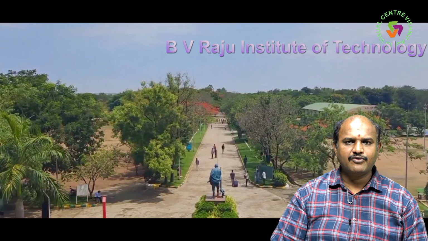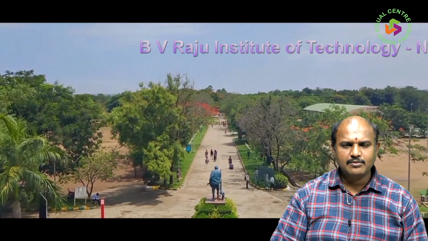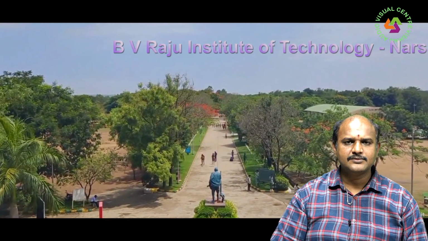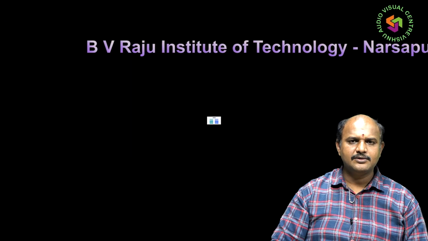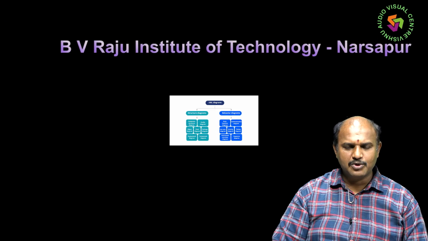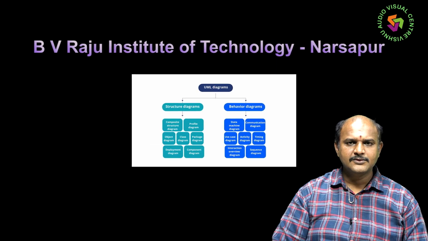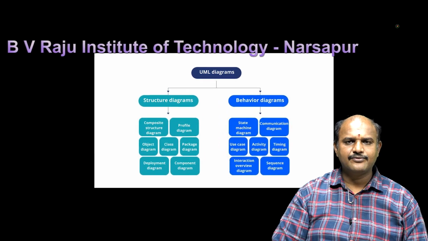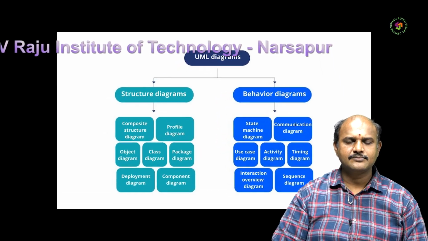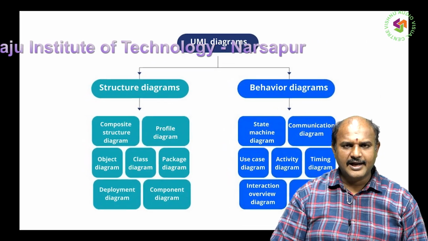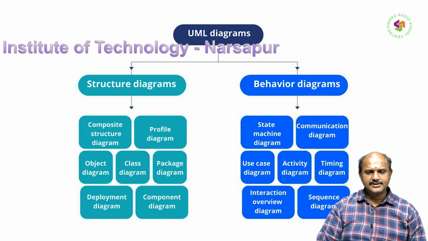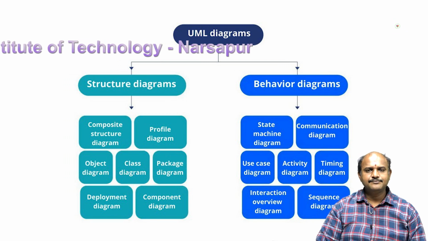UML full form is Unified Modeling Language. Here we are going to discuss the different types of UML diagrams. There are 9 diagrams. The first one is the use case diagram.